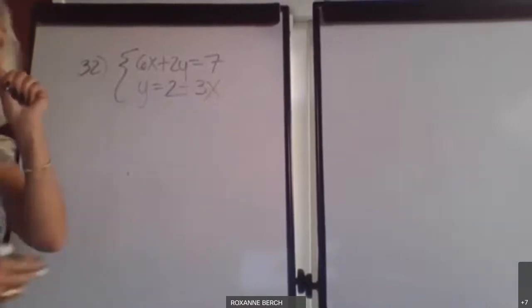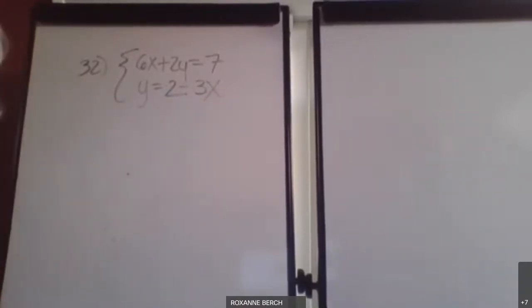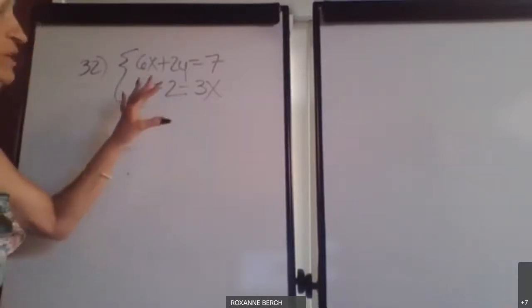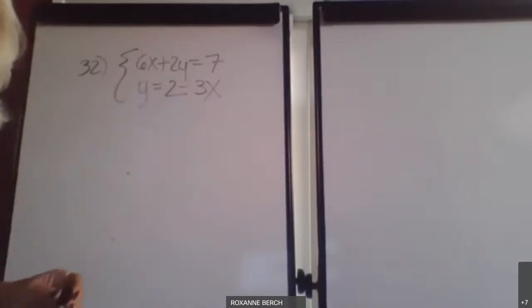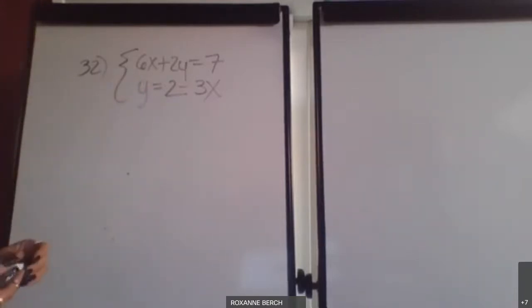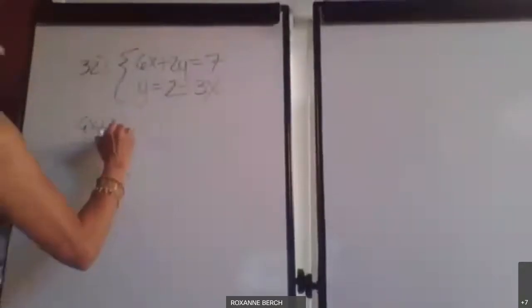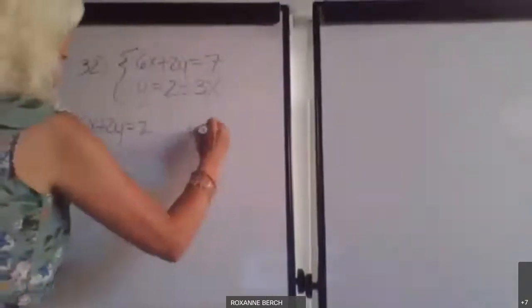Now they say to use any method that you want. So you tell me, do you think we should stack them and use addition, or use substitution? Substitution. Yes, you're right. Why? Because the y is already solved.